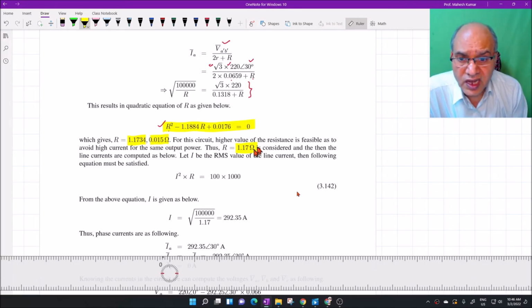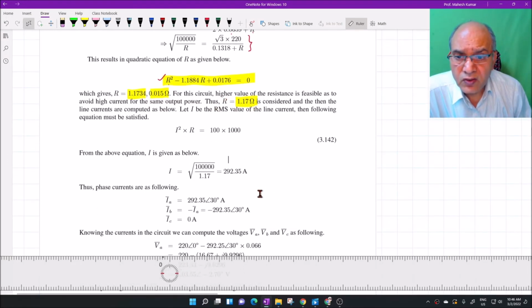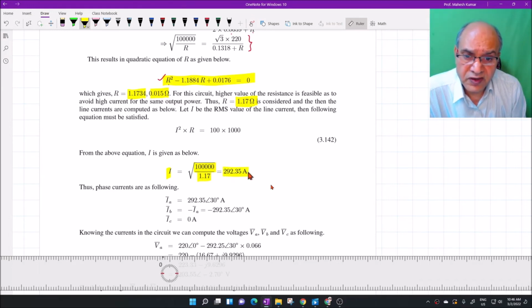Okay, so for this R, we can find out the current, because I square R will be equal to 100 kilowatt, and therefore I will be 100,000 by 1.17 under the square root, that is 292.35 amps.